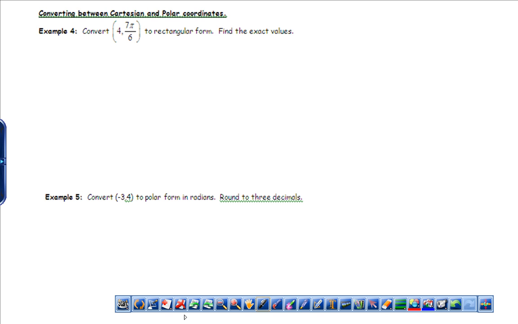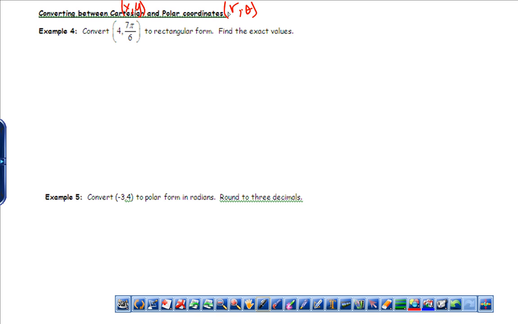Okay, now it says converting between Cartesian, which is your XY, that's the one we're used to, and polar, which is always R comma theta. And we always graph polar in the opposite direction. It says convert 4 comma 7 pi over 6 to rectangular form, and find the exact values.